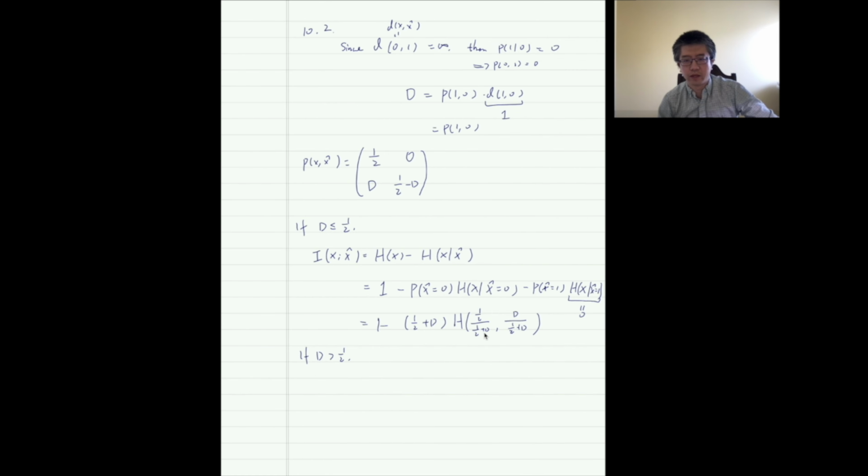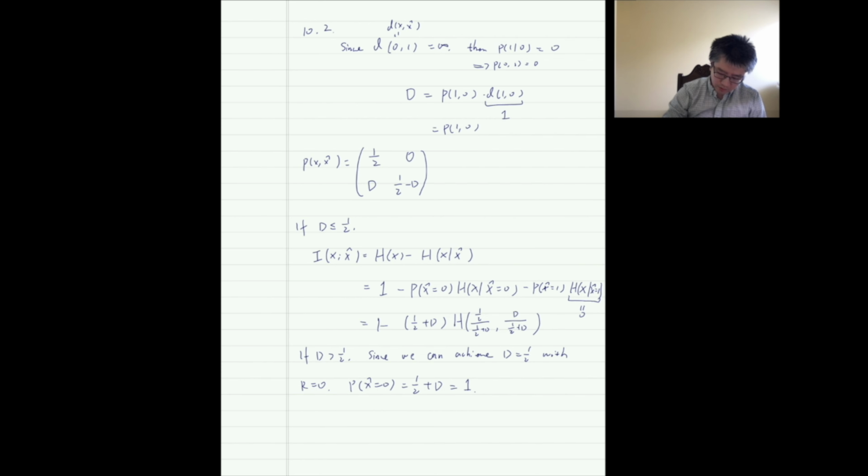So the other case is if d is bigger than half. Clearly when d is half, this would be equal to 0, since we can achieve d equals half with 0 rate. In this case, we can also see that P of x hat equals 0 is equal to 1. Basically, we always quantize the result to 1, then R equals 0 is achievable.